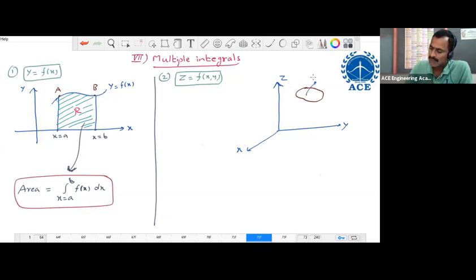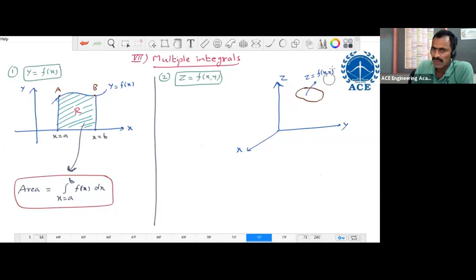The equation of the surface is given by z equal to f of x comma y. The equation of this curve is given by y equal to f of x. Like that, the equation of the surface of the object is given by z equal to f of x comma y.